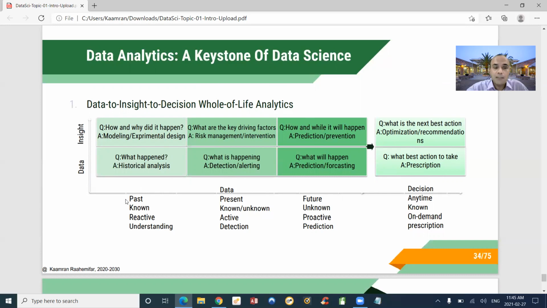So let's take a look at the past. In terms of data, I'm looking at the historical data. I'm going to perform historical analysis. For example, stocks. I'm going to see what happened in the past. And I can see that there have been some stock crashes and stock rising and stock falling for a particular stock ticker, for example.